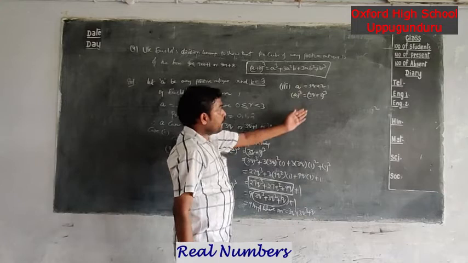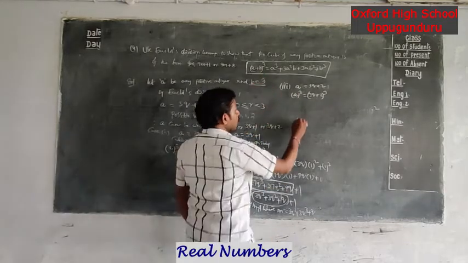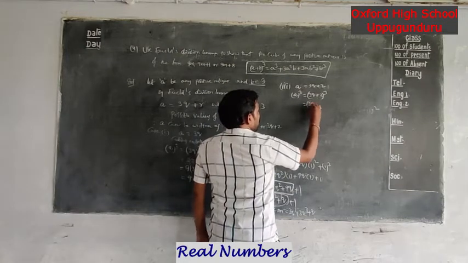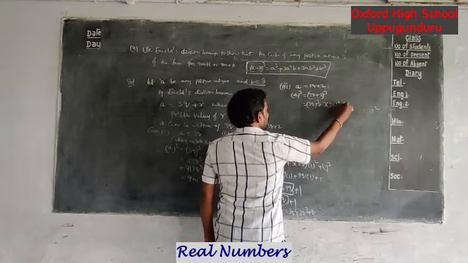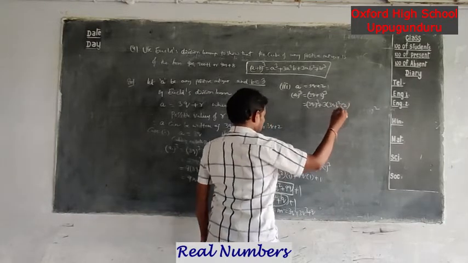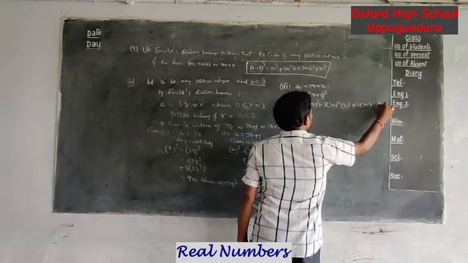Now expanding this expression by using the algebraic identity, a plus b whole cube: 3q whole cube plus 3 into 3q whole square into 2 plus 3 into 3q into 2 square plus 2 cube.